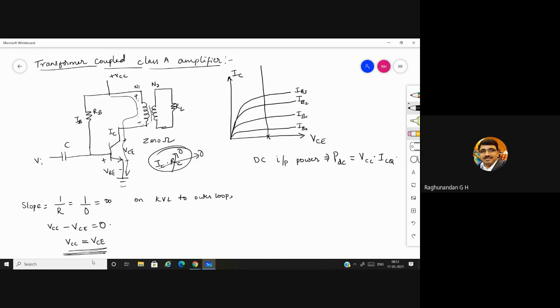This is the equation we have for DC power input. So till here, whatever we have done is our DC analysis. Next we need to do the AC analysis. Let me see what happens for the AC analysis.